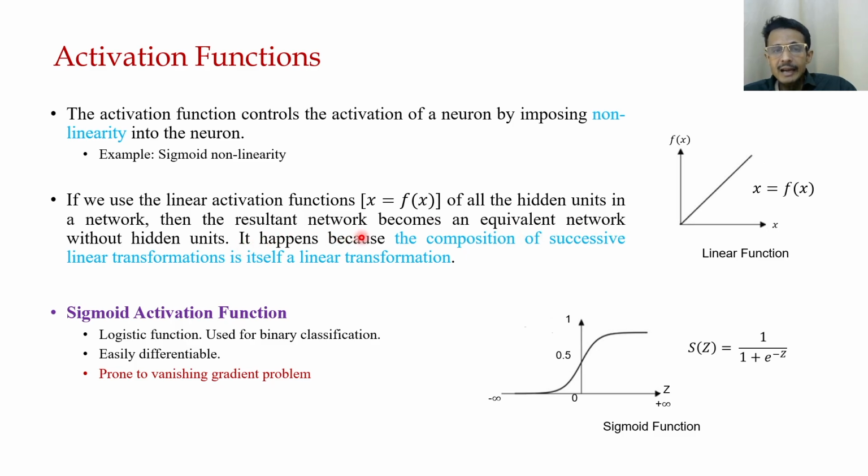That is because the composition of successive linear transformations is itself a linear transformation. If you compose all these linear transformations, it becomes a single linear transformation. So the basic essence of multiple hidden layers is lost. That's why we have to use a nonlinear activation function.